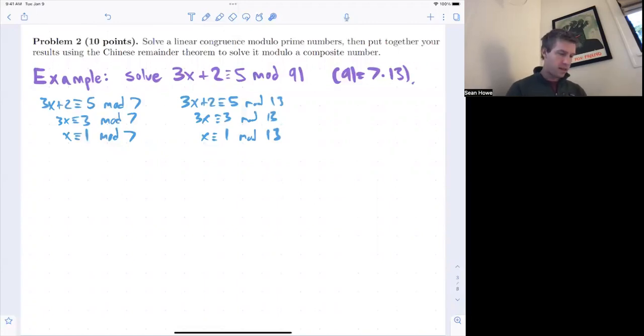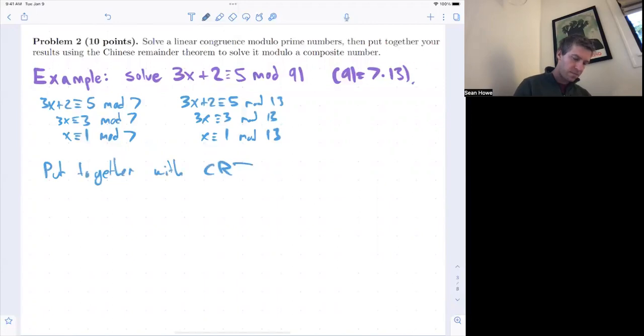So let's go ahead and remind ourselves how we do that. Once you put it together with the Chinese remainder theorem, our solution x is going to be equal to, first we do these N over n_i's, so you can go back and review the Chinese remainder theorem.